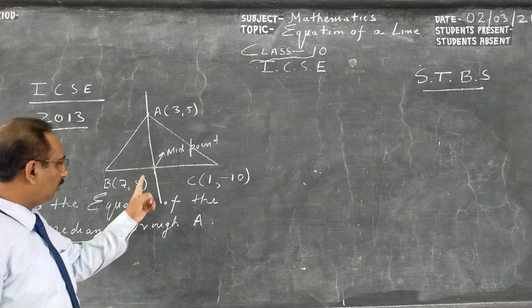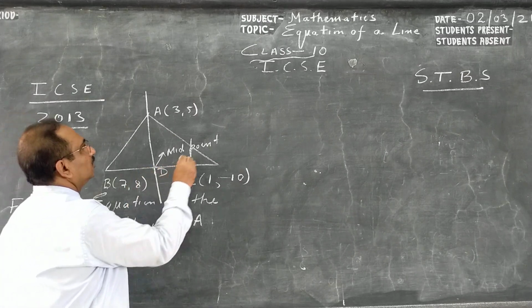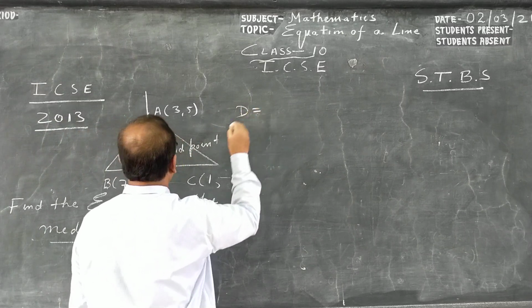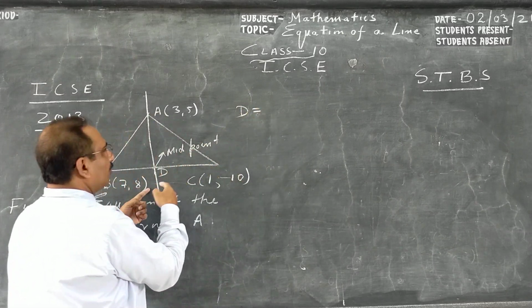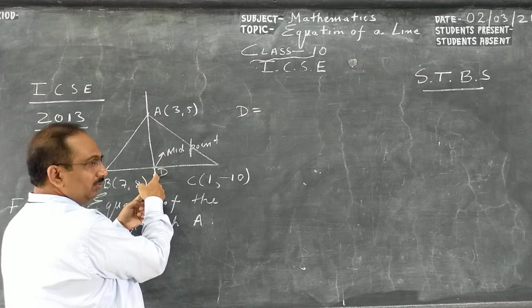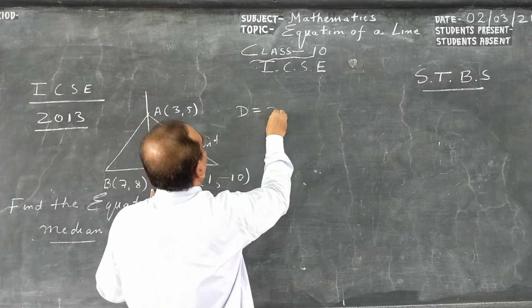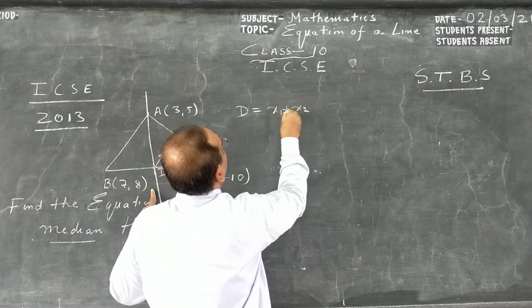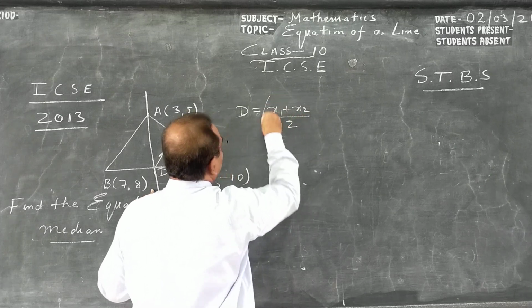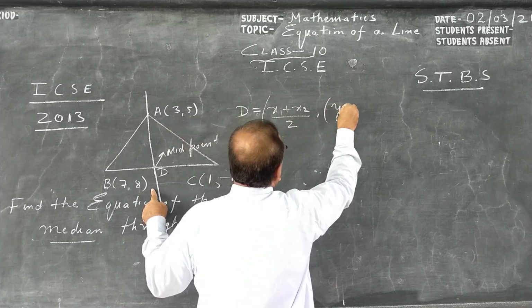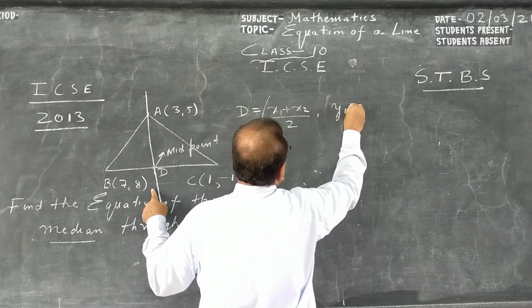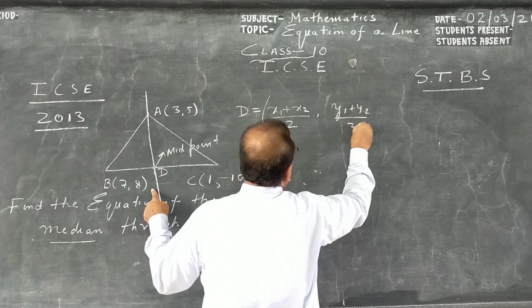So for the midpoint formula, let it be D, children. So D is, as you know, the midpoint formula: (x1 plus x2) by 2. I am doing it in a little detail. And for the y coordinate, (y1 plus y2) by 2.